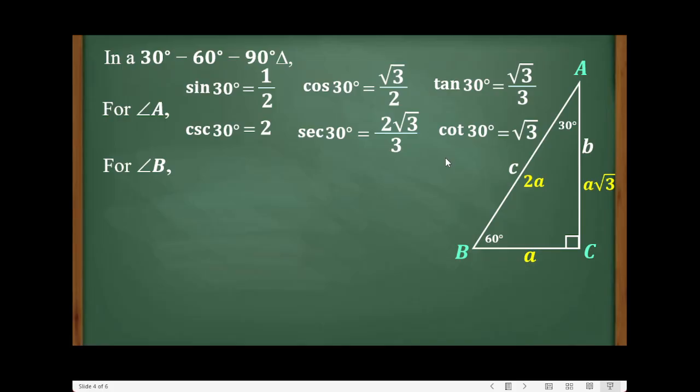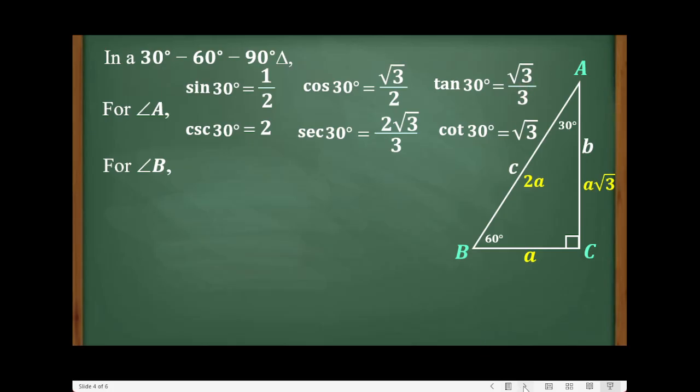And we're not done yet because we only defined one acute angle, and at this point we have yet to define the trigonometric ratios of another acute angle, which is 60 degrees, which is actually the measure of angle B. So we're done with angle A, and we are now going to define the trigonometric ratios of acute angle B. And we are referring to the same right triangle.